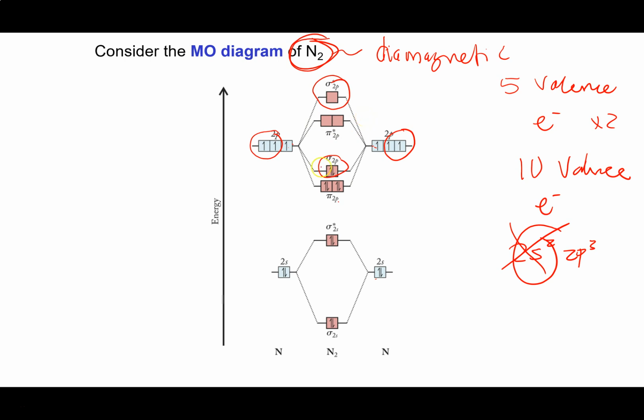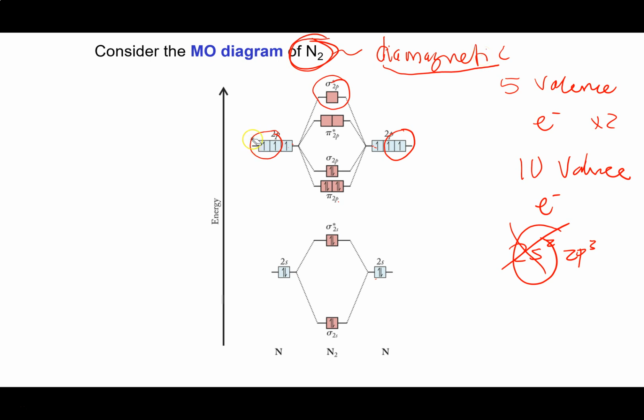The pi orbitals are 90 degrees to each other and also 90 degrees to the sigma molecular orbitals. So from the bottom to the top, we have to put in 10 valence electrons. So we go 1, 2, 3, 4, 5, 6, 7, 8, 9, 10, and you can see everything's paired up. Nitrogen is diamagnetic, doesn't stick to a magnet.